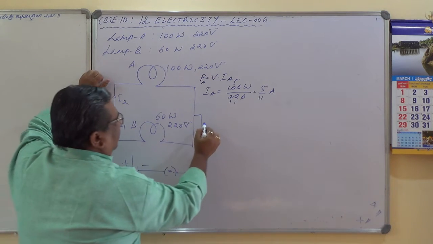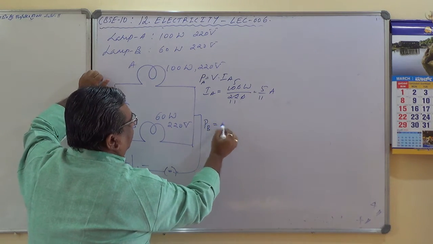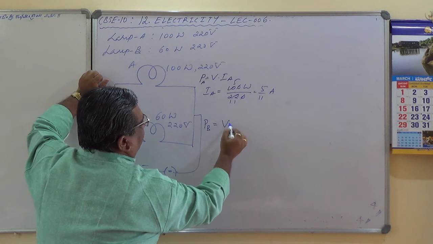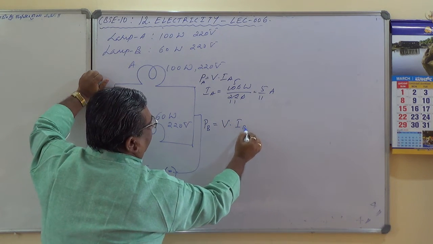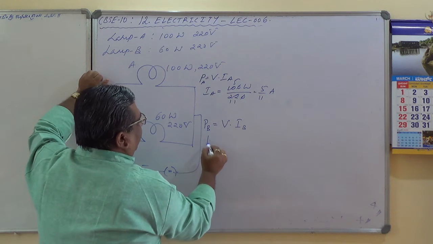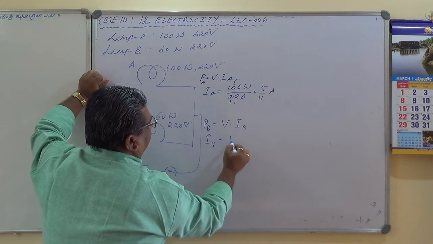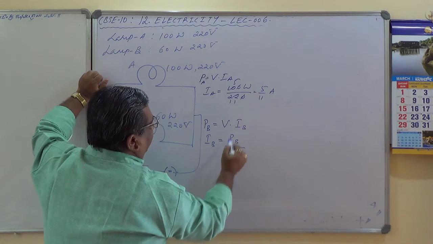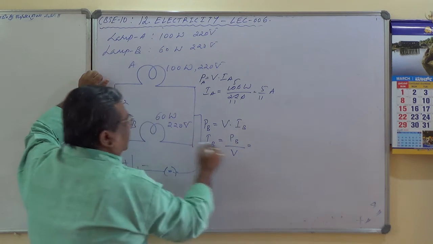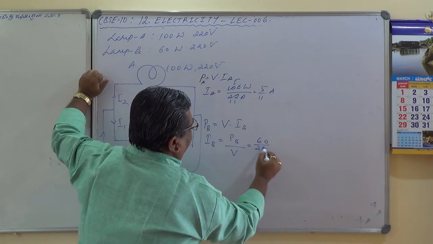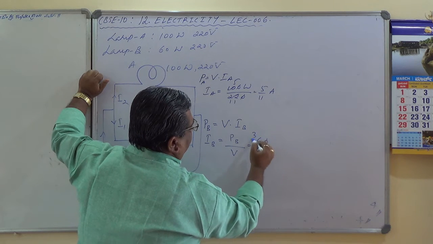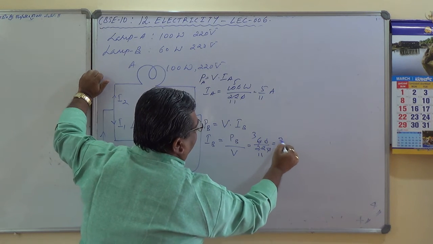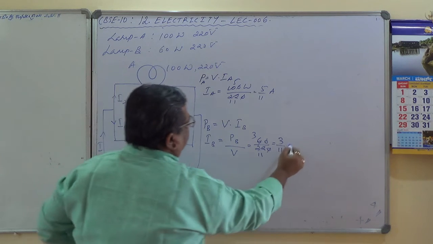Similarly for this, power B equals voltage into IB, and therefore IB equals power B divided by voltage, 60 watts divided by 220 volts, which is 3 by 11 amps.